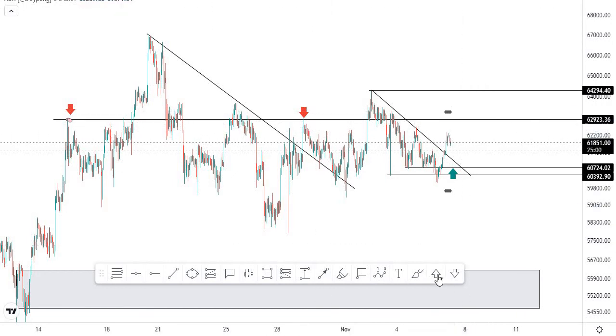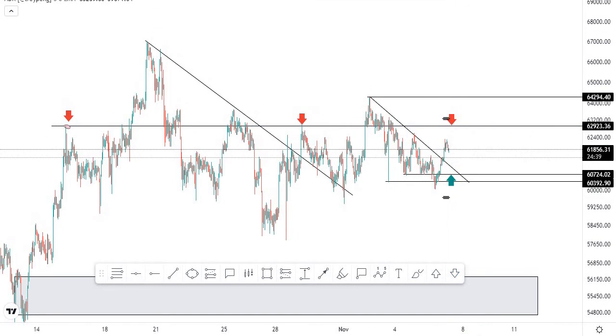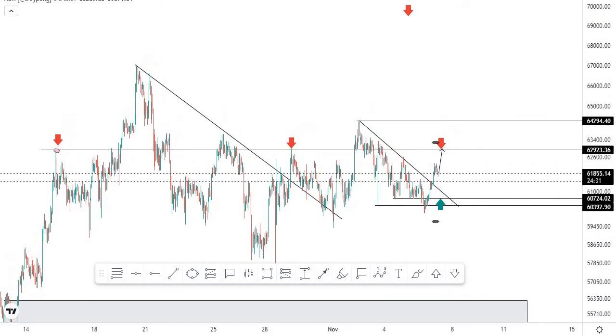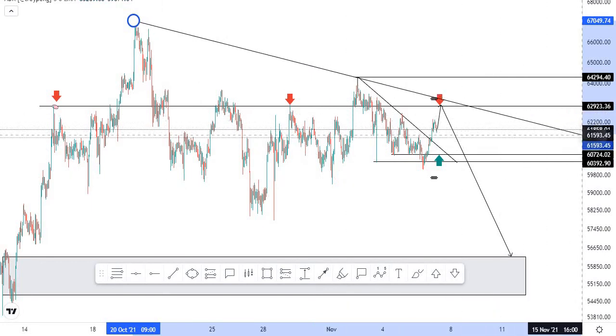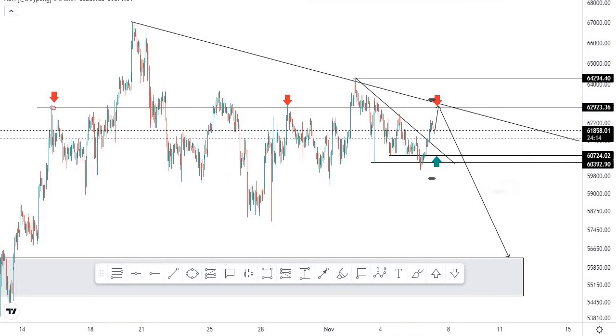If the market pushes up immediately, I can see something like this. If this move pushes higher, then I can anticipate something that looks like this, down to this level that I was looking for. Then we have our perfect continuation of the trend that I was looking for.